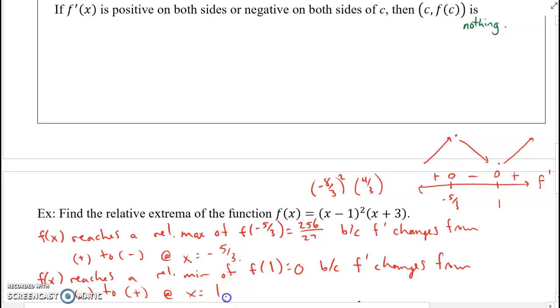Now, the first time I did this problem and I had an accidental positive 5/3 here instead, I got kind of confused because I found that my minimum was bigger than my maximum. I had a decreasing function that went from 0 to a positive number, and I found that to be a bit impossible.